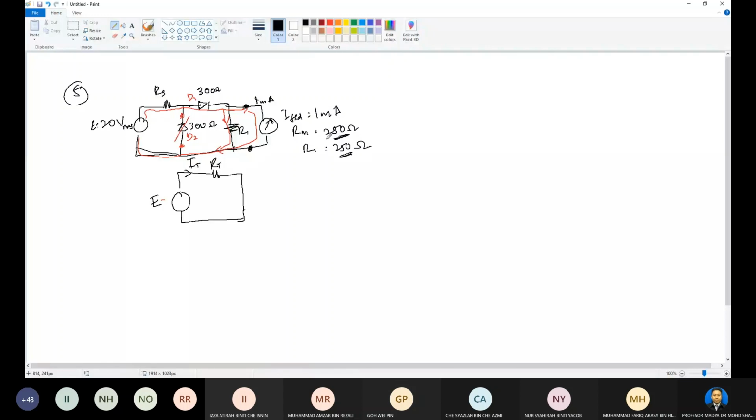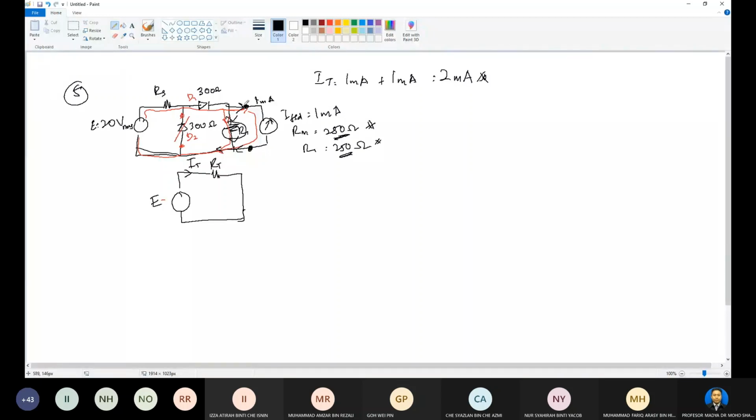The current flowing here is 1 milliampere, so the current here is also 1 milliampere because the resistor here and the resistor RM are the same value. So our total current will be 1 milliampere plus 1 milliampere, which is 2 milliampere.